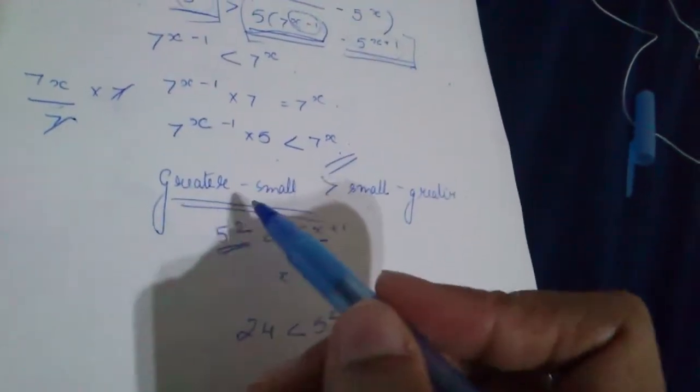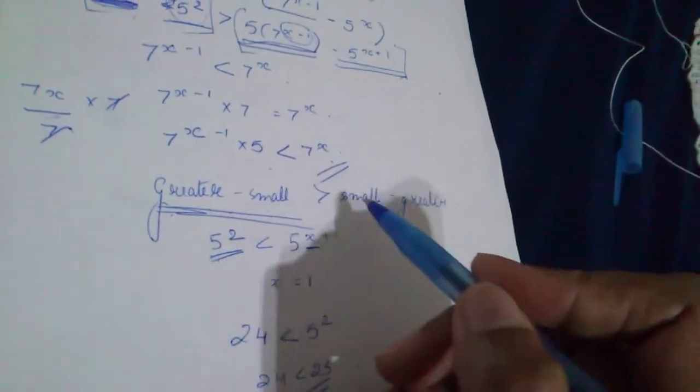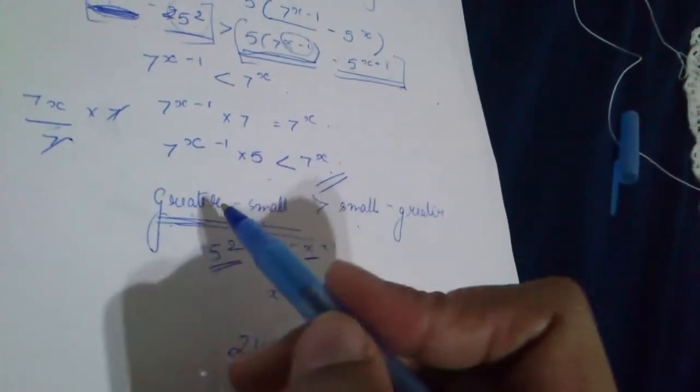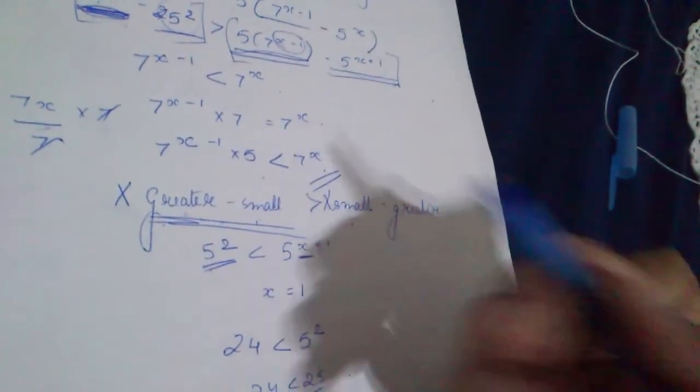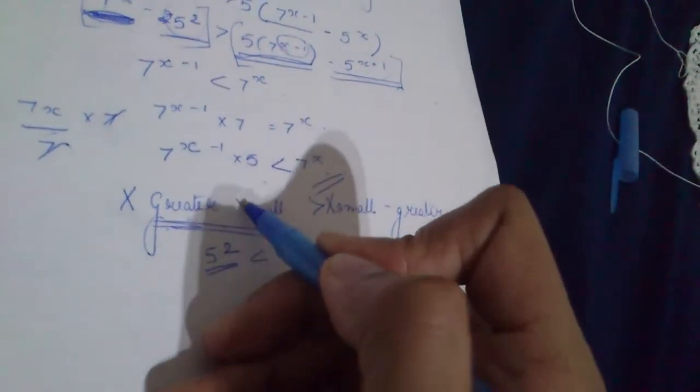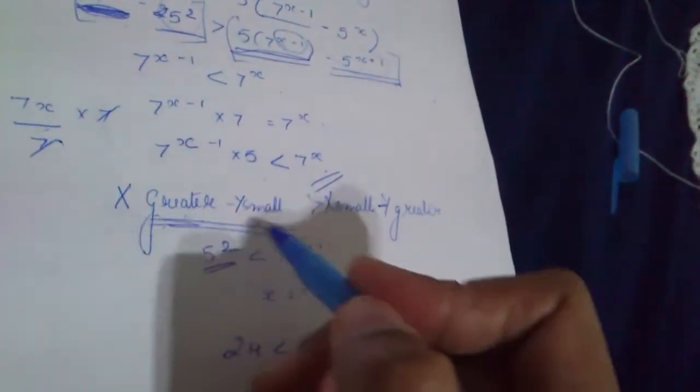So by what we already know, a greater number minus a smaller number. For example, let's take x greater minus y small, and x small minus y greater.